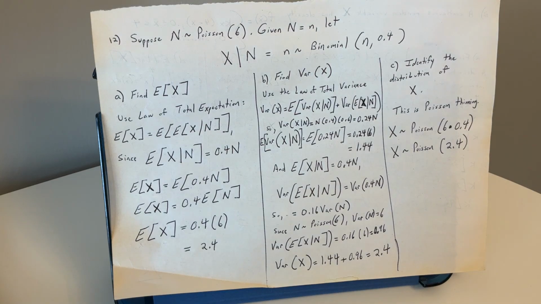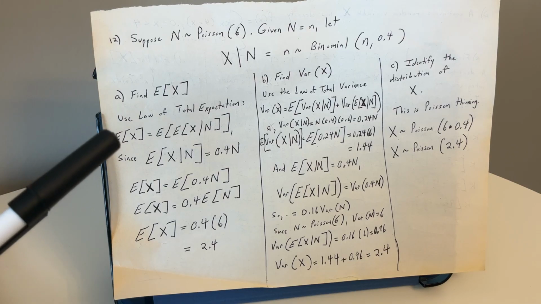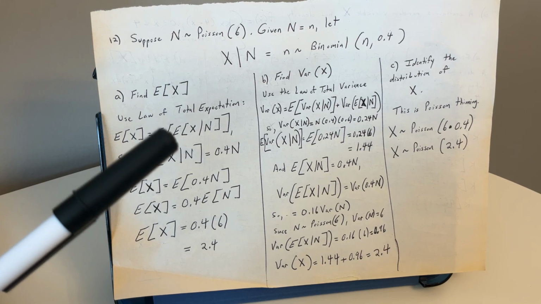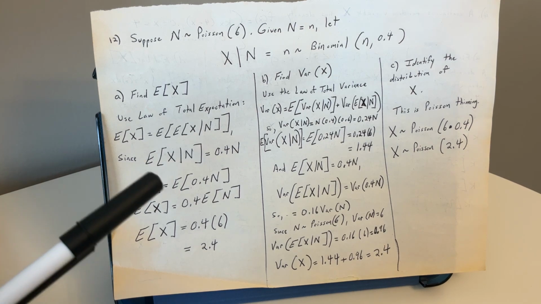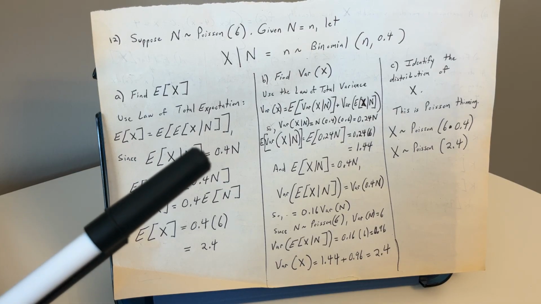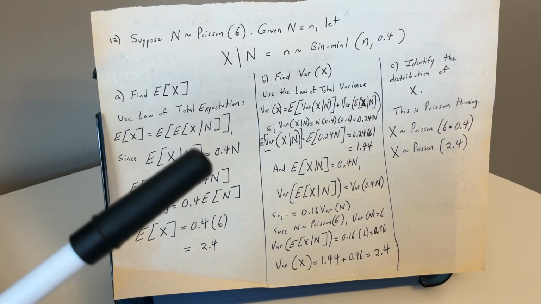Find the expected value. We're going to use the law of total expectation. So the expected value equals E[E[X given N]], and since E[X given N] equals 0.4n.